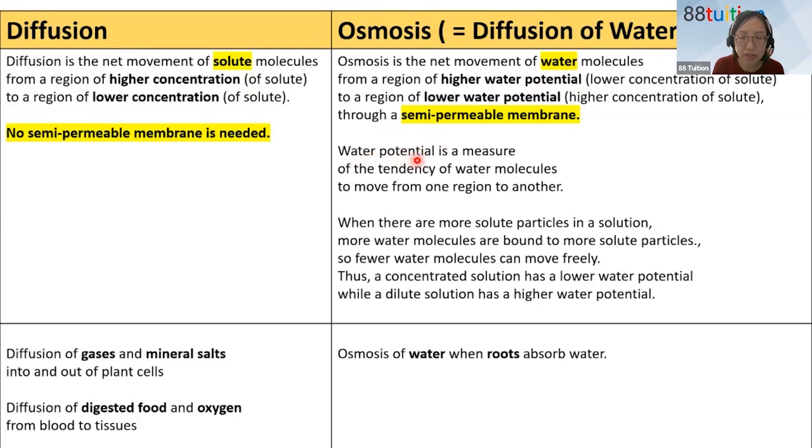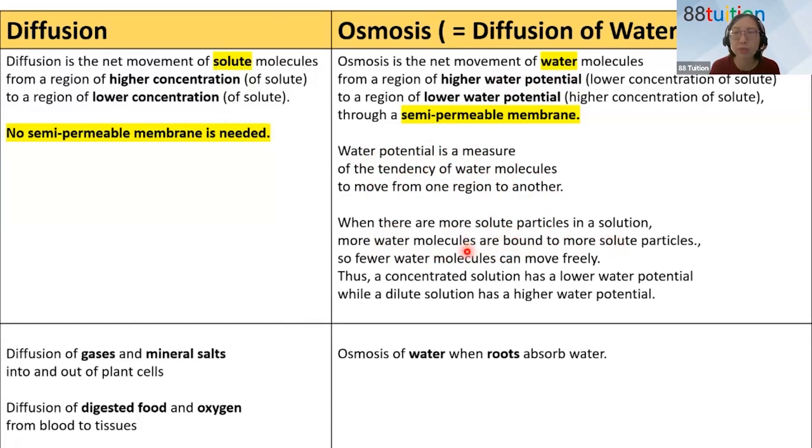Water potential measures the tendency of water molecules to move from one region to another region, from one place to another place. Now, this is the interesting part. When you have a lot of solute, like a lot of sugar or salt dissolved in the water, the water molecules will be bound to the sugar and bound to the salt.